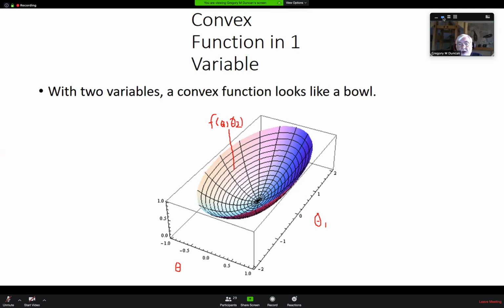Okay, so this function is convex. The parameter set is convex. Now, I could have made this a circular set as well, and that would be convex.